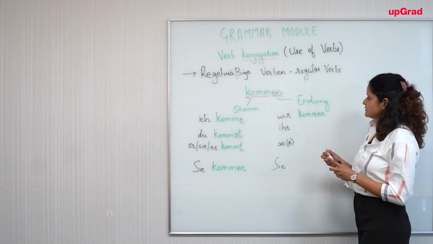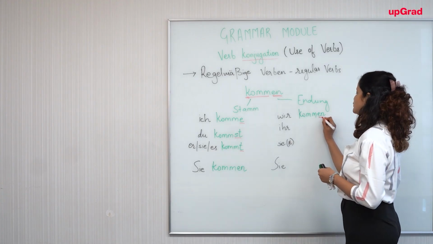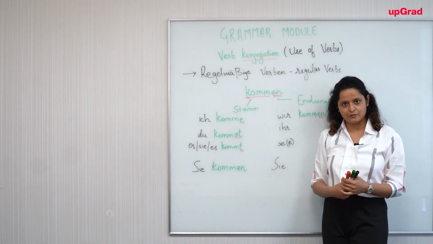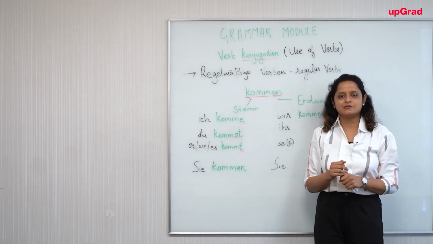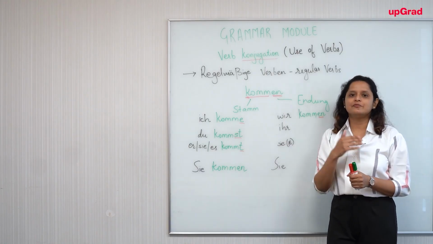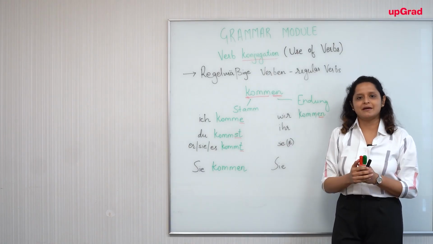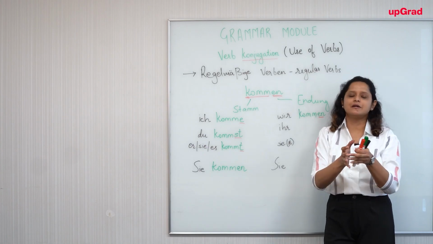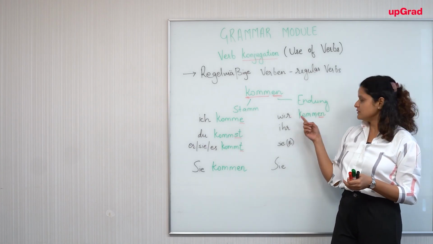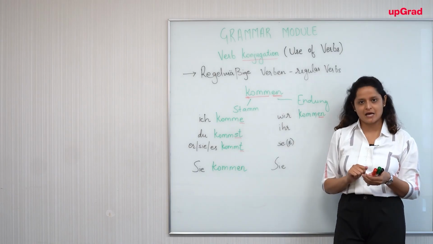So with wir, there is no change. If I want to say we all come from somewhere, let's say we all went to a restaurant and we are coming back from the restaurant, and I say I come from that restaurant along with my family, it becomes plural, a whole group. So for wir, the conjugation here becomes "kommen".